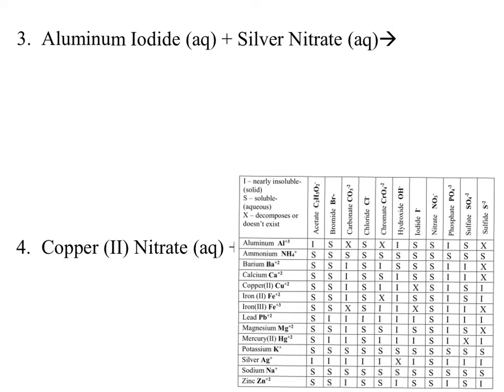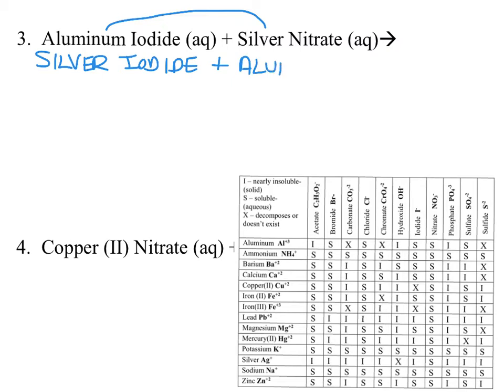Looking at question number 3, aluminum may potentially swap with silver. So if that's the case, silver is now going to be with iodide, and then aluminum is now going to be with nitrate.